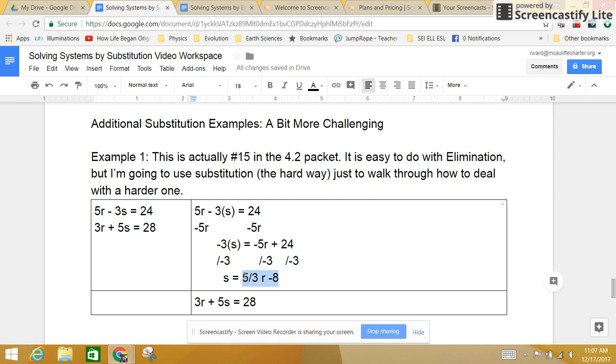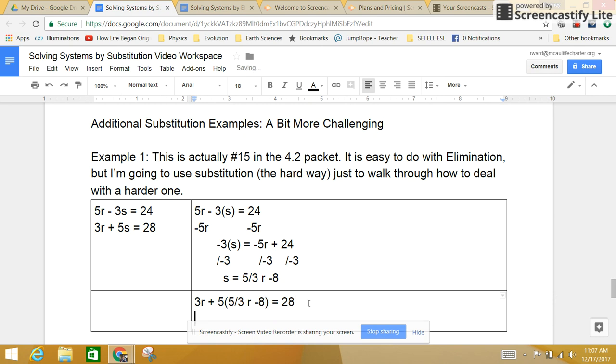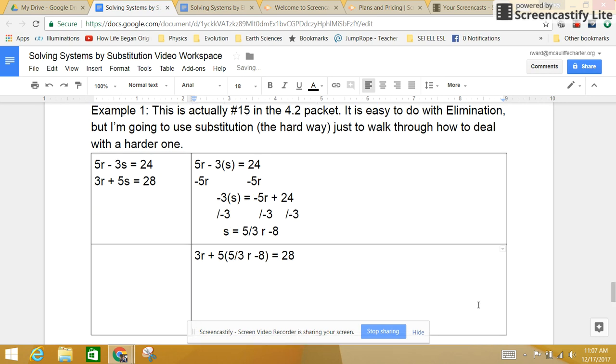So now I go here, I copy that, I replace s with that, because that's what s equals, and I get this. Okay, my first step is going to be to clean things up. I got to get rid of the parentheses, and to do that, I got to distribute 5 times 5/3 r and times minus 8.